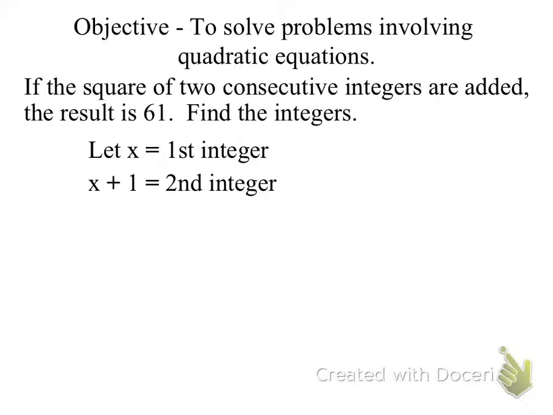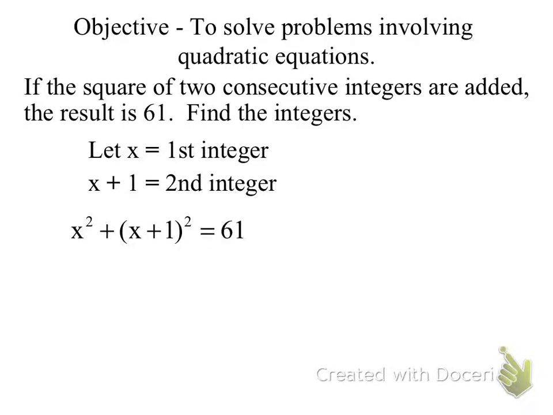Good. So now when it says the square of two consecutive integers are added, the result is 61, what are we doing? What's the first integer going to look like? The square of two consecutive integers are added: x squared plus the quantity x plus 1 squared.